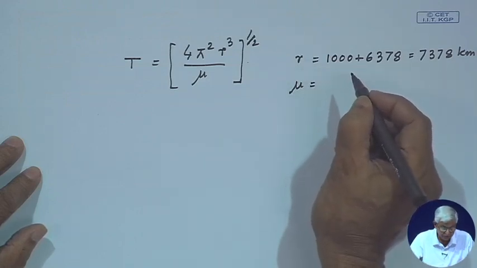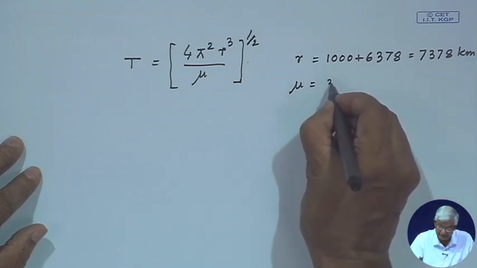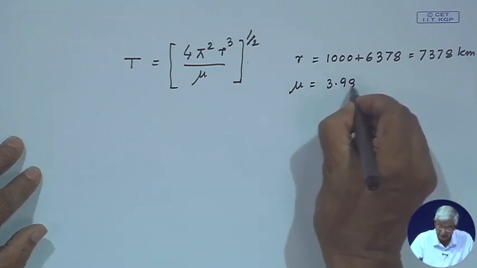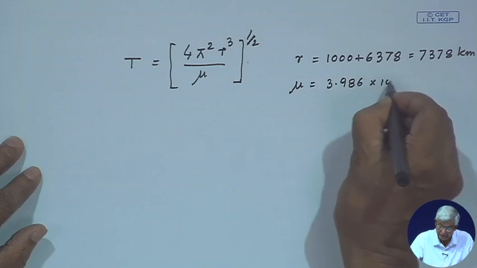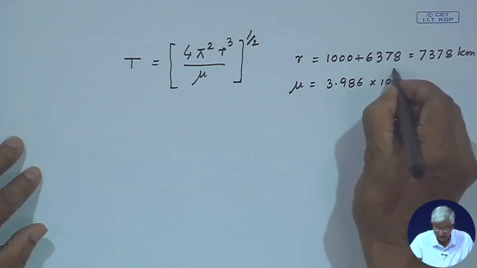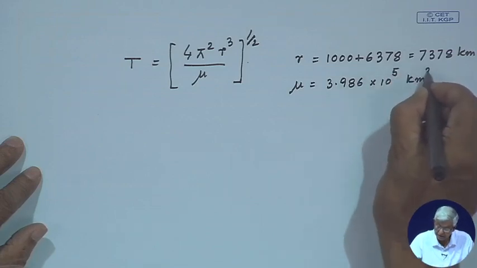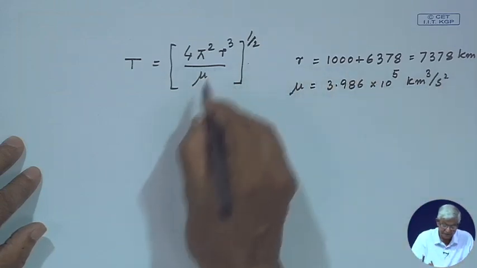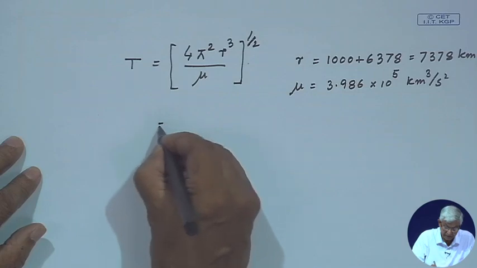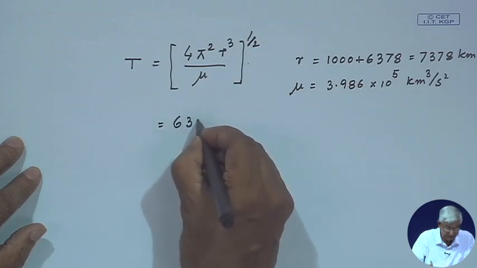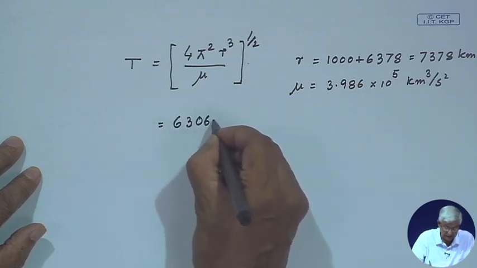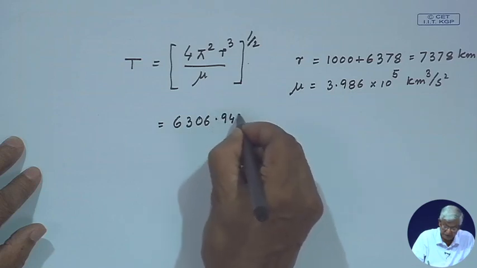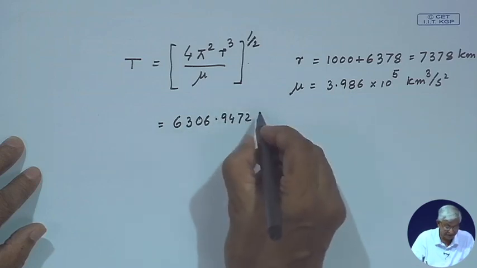You have to always remember that it is 3.986 into 10 to the power 5 kilometer cube by second square. If you put these values, T will come out to be a number like 6306.9472, and many more numbers will come after the decimal, in seconds.